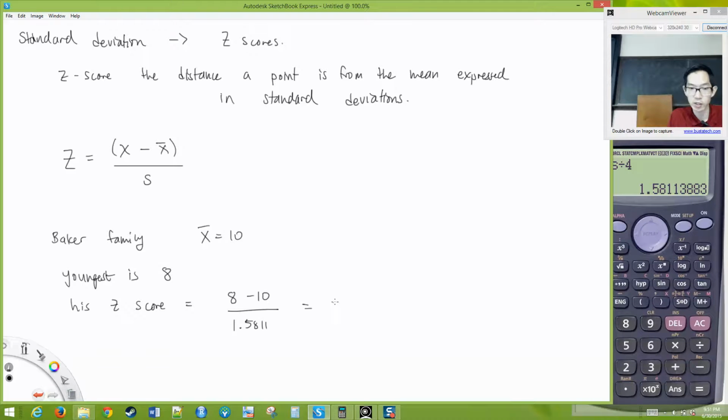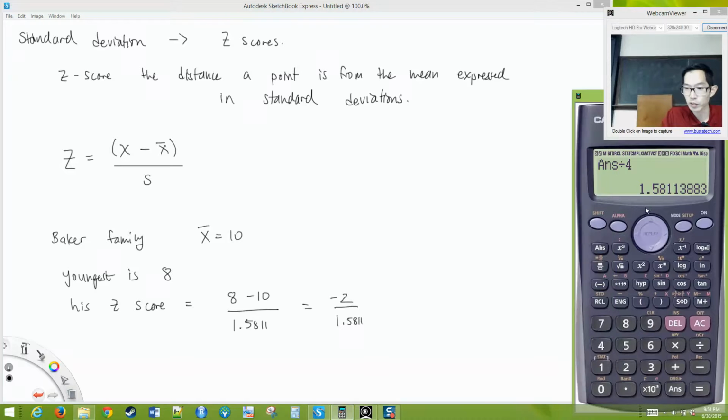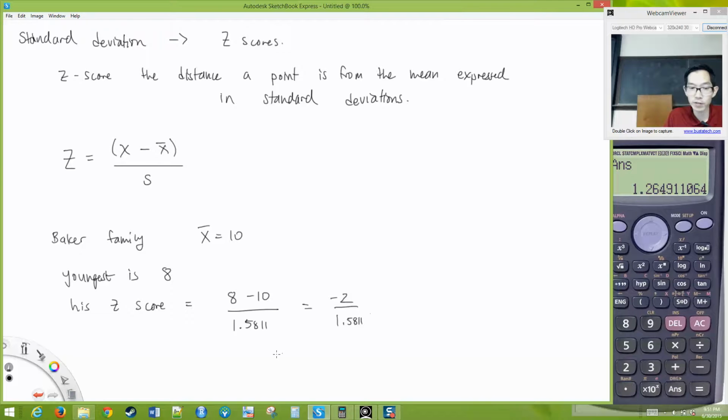Okay, so we get -2 on the top. He is 2 years younger than the average, divided by 1.5811. So 2 divided by this. So he is 1.265 standard deviations below the mean. Okay.